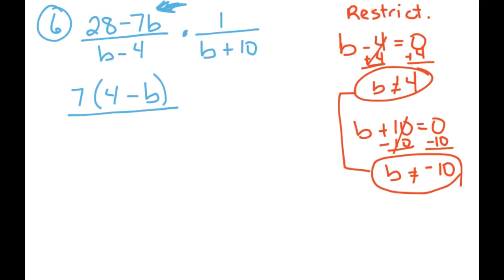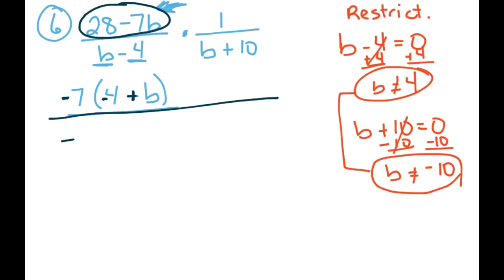And I just noticed that that's not going to help me because down here I have a positive b and a negative 4. So let's take out a negative 7 when we factor, and I'm going to change those two signs. The only thing I adjusted there was instead of taking a positive 7 out of here, I took a negative 7.